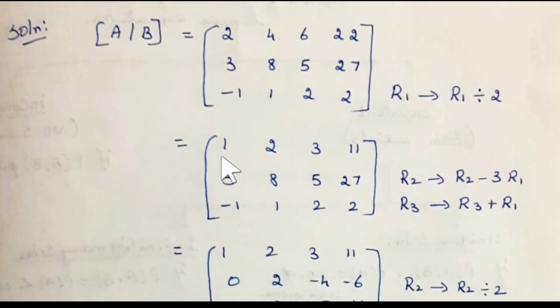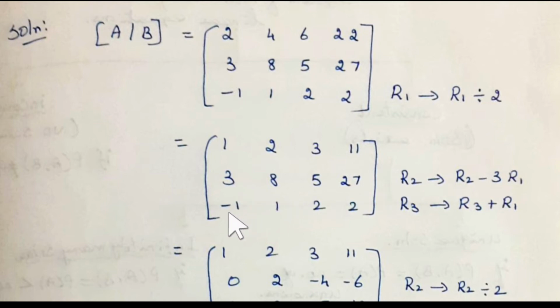Now our next aim is convert this 3 as 0 and this minus 1 as 0, isn't it? So to convert this 3 as 0, I am going to give the transformation R2 implies R2 minus 3R1. So 3 times R1. R2 minus 3 times R1. 3 times R1 means this term becomes 0.